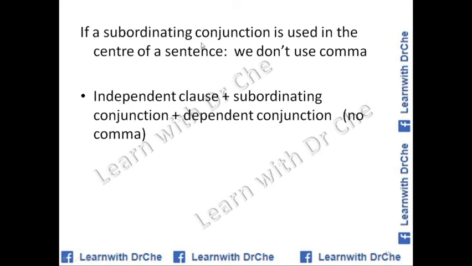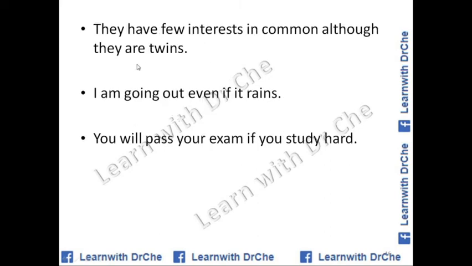If the subordinating conjunction is used in the center of a sentence, we don't use a comma. Independent clause plus subordinating conjunction plus dependent clause, we don't use a comma. They have few interests in common although they are twins. I am going out even if it rains.